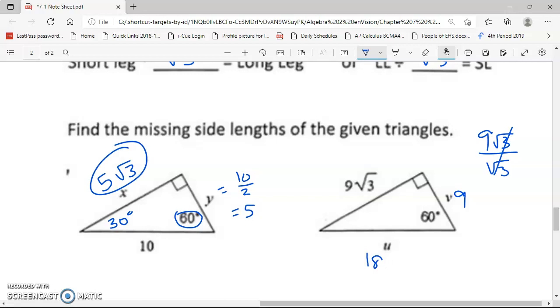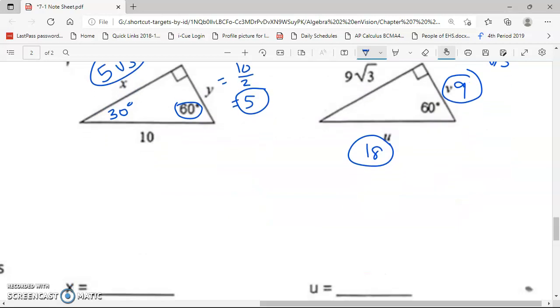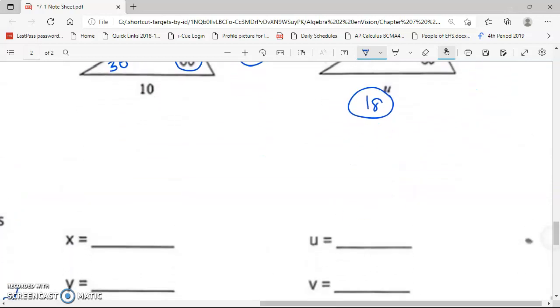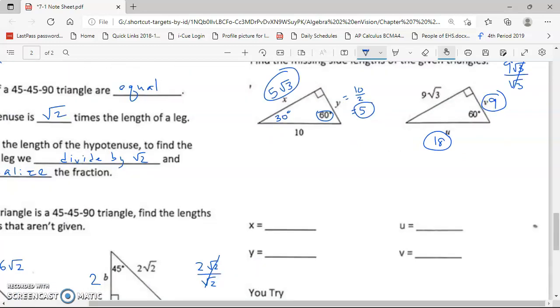So these are the answers for this one. Oh, I didn't write them in the blanks because I was too zoomed in to even see the blanks. But x here would be 5 root 3, y would be 5, u here would be 18, and v would be 9.